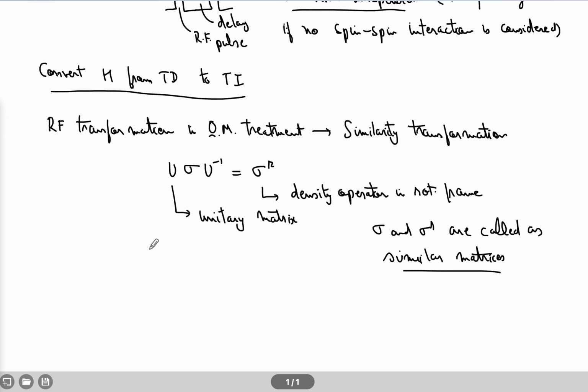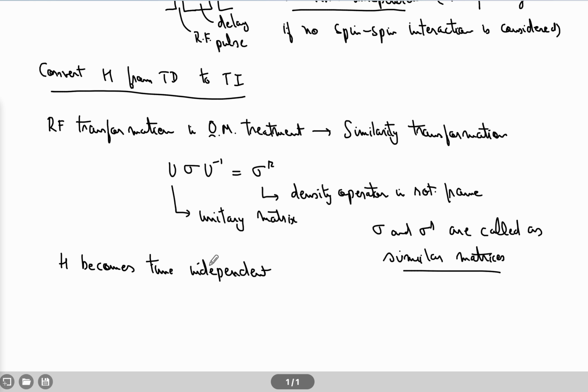So if we do this transformation, the Hamiltonian becomes time independent, and we will see that. So this is the rotating frame transformation equivalent of the Bloch equation treatment. What we have done in the Bloch equation treatment of NMR is similar to the similarity transformation done in the quantum mechanical treatment. So what is a U matrix?